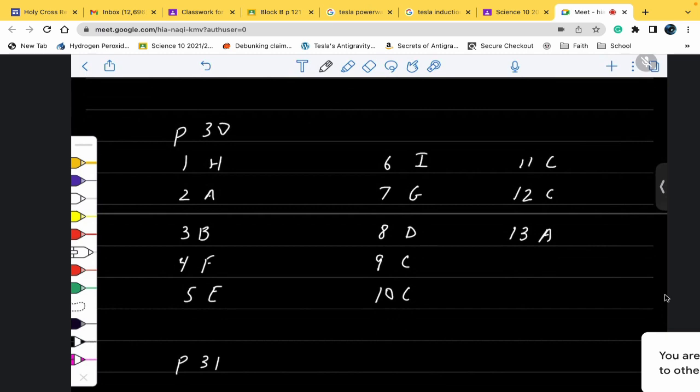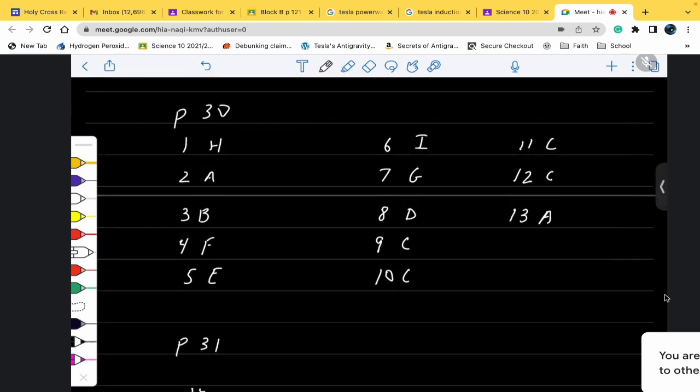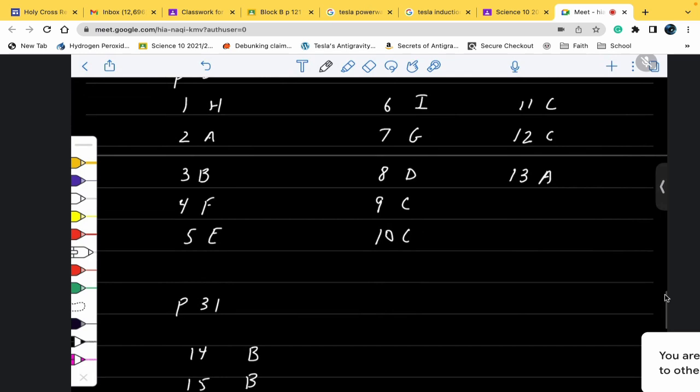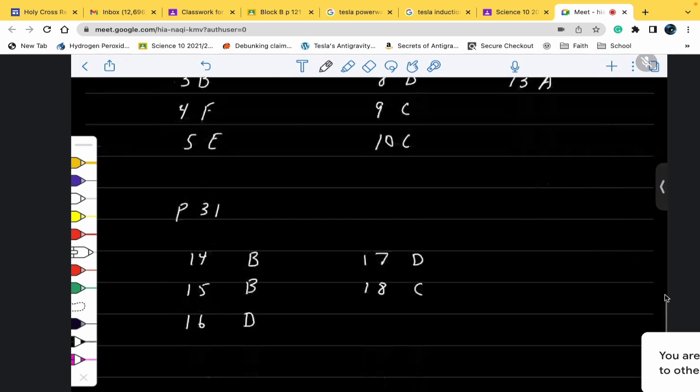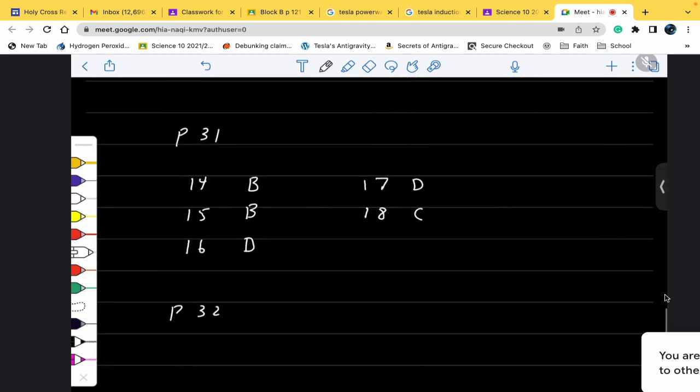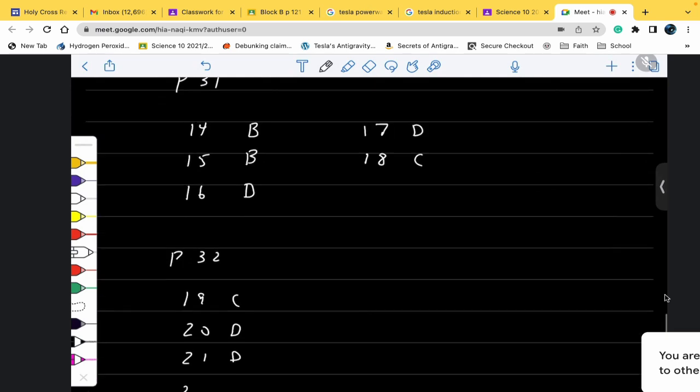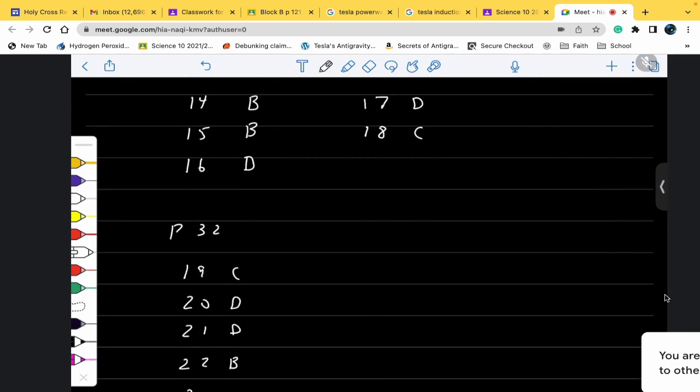Okay, page 31. 14 is B. 15 is B. 16 is D. 17 is D. 18 is C. Second to last page, page 32. 19 is C. 20 is D. 21 is D. 22 is B. 23 is B. And then last page, 33.